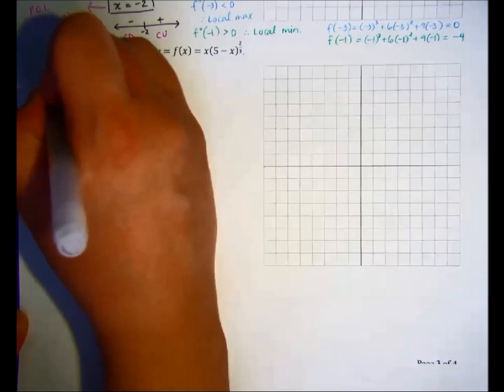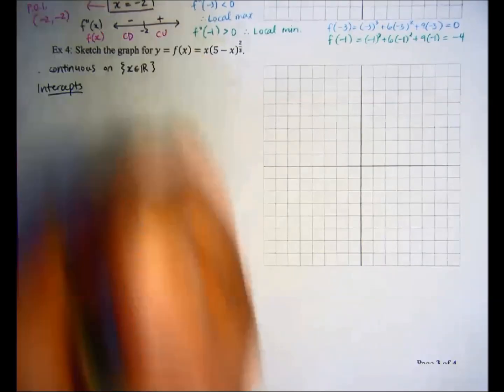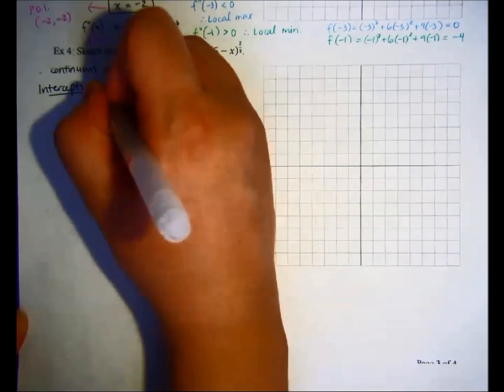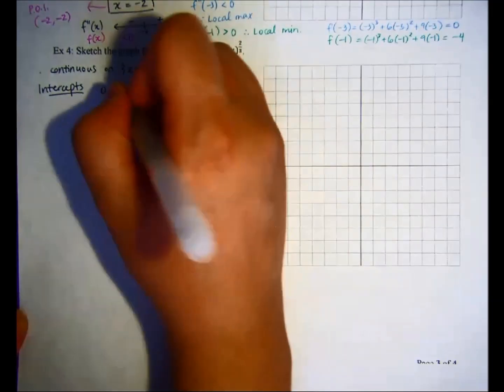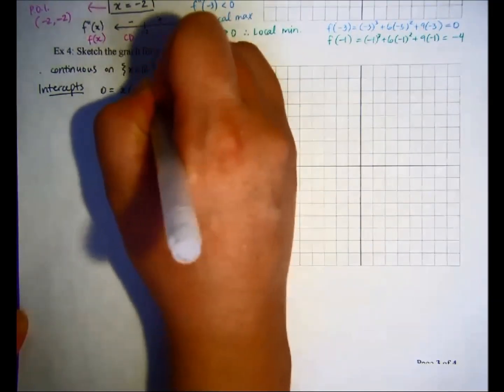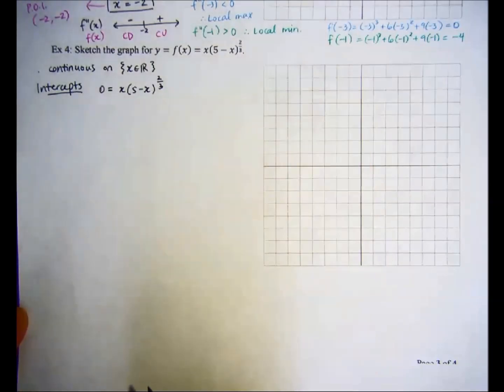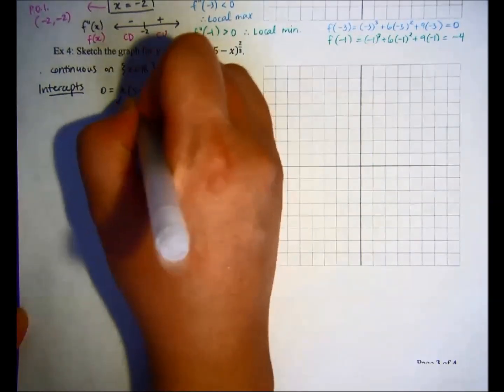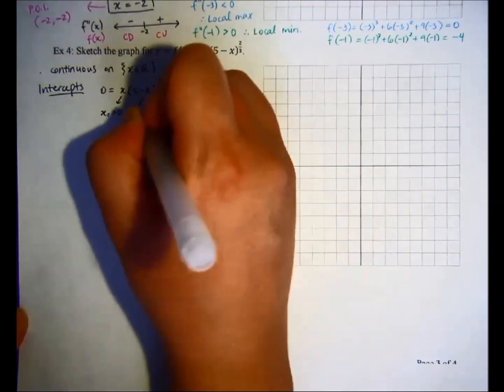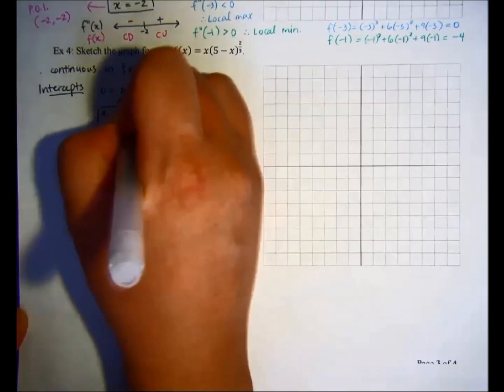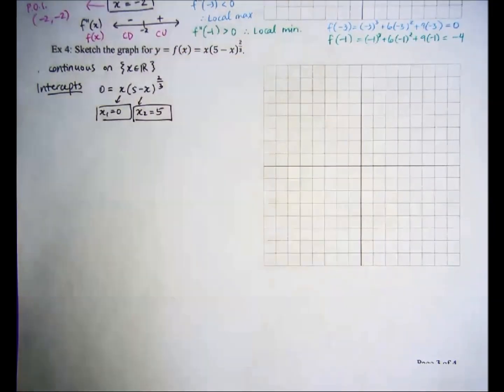So now let's look at our intercepts. Okay. So to set y equal to 0, that should help us figure out what our x-intercepts are. And I can see right away that we'll have 2 x-intercepts at 0 and at 5.